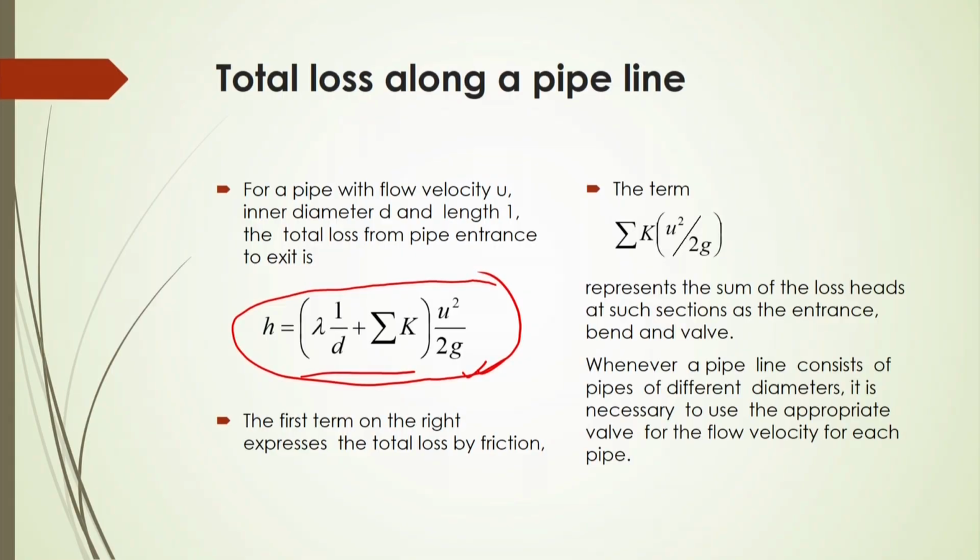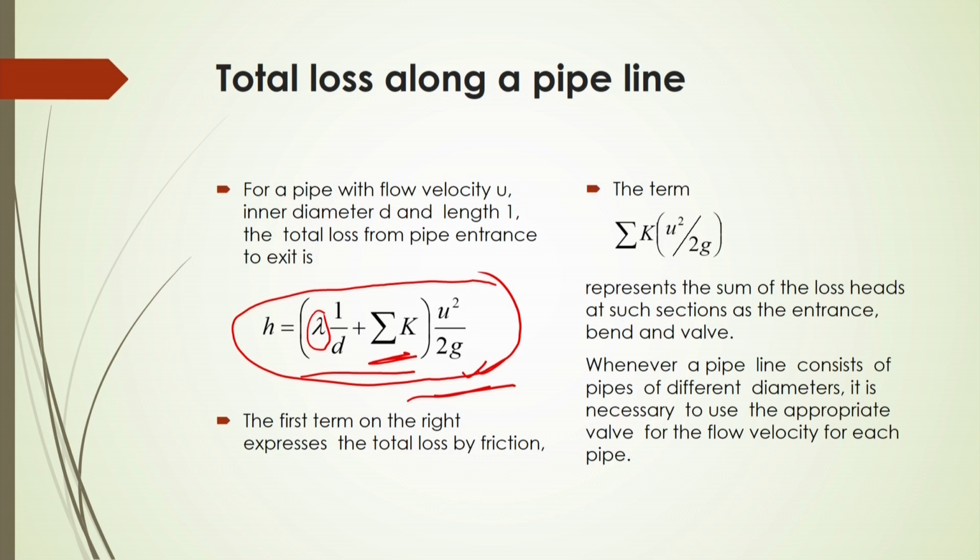First of all, based on the length and diameter, you calculate the loss coefficient for major loss, lambda into L by d, where lambda is called the Darcy-Weisbach friction factor, also denoted by f d, and also all the minor losses, that is the sum of all K's. This will be your total loss along a pipeline.